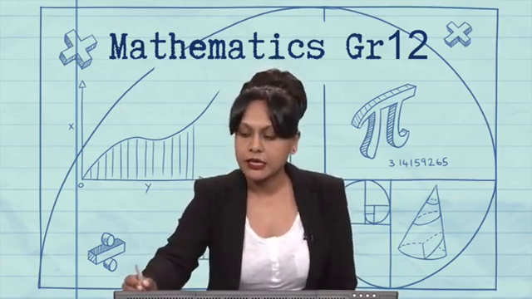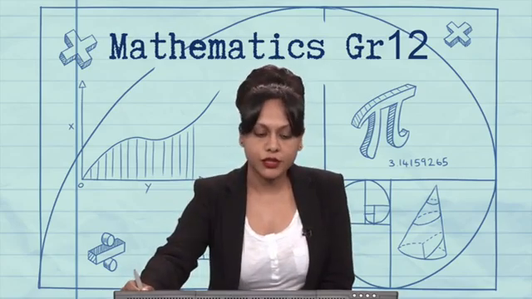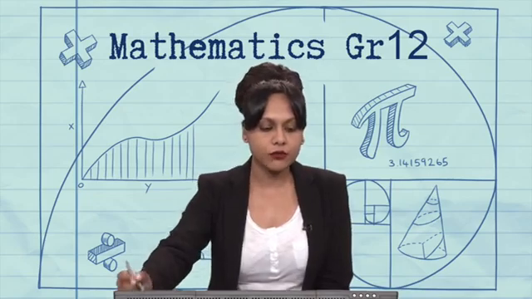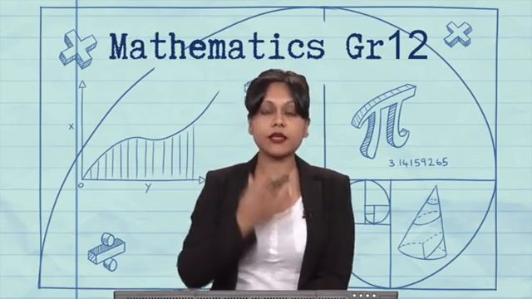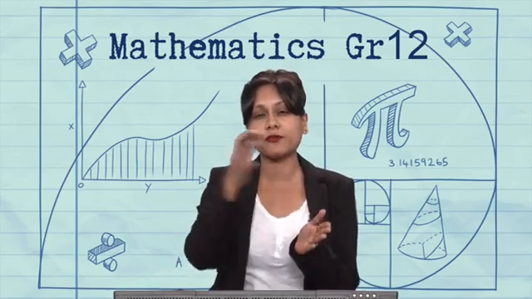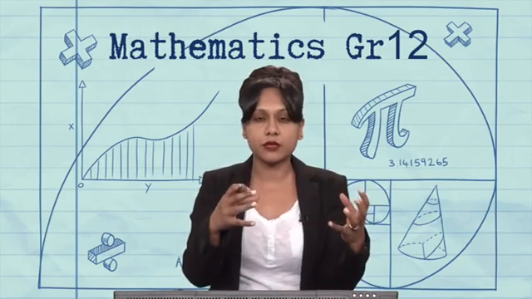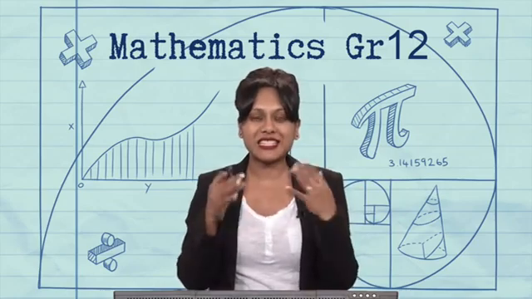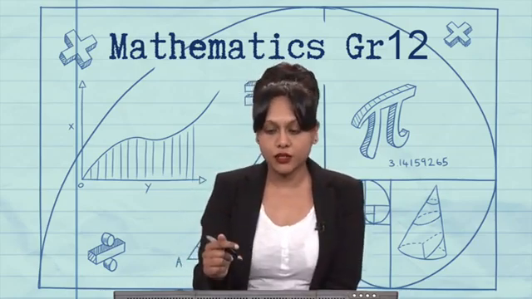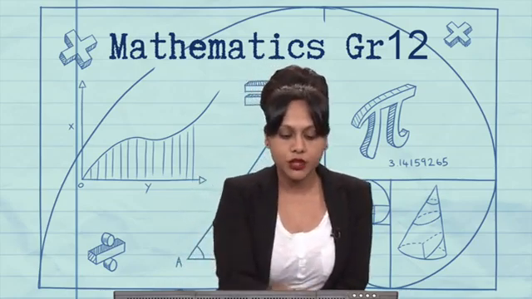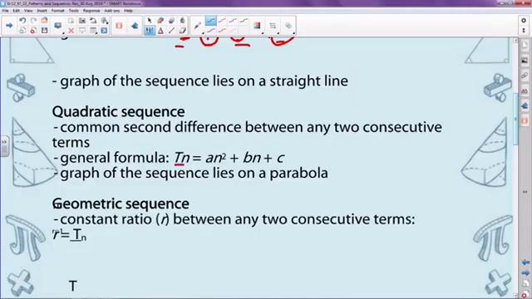Then one of the sequences you learned in grade 11 was the quadratic sequence, and there you saw that there wasn't a common first difference between terms, as in the case of arithmetic sequences, but there was a constant second difference between any two consecutive terms. The general formula was Tn is equal to an squared plus bn plus c, and if we had to graph this sequence, it would lie on a parabola or a quadratic function.